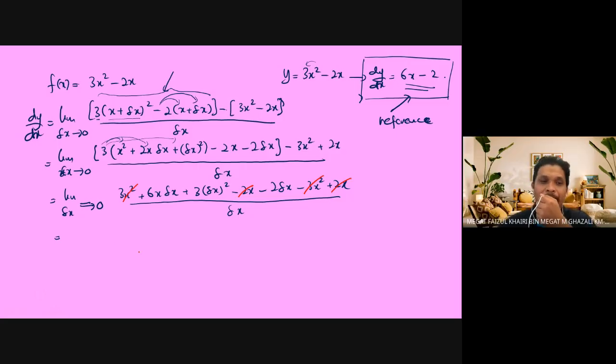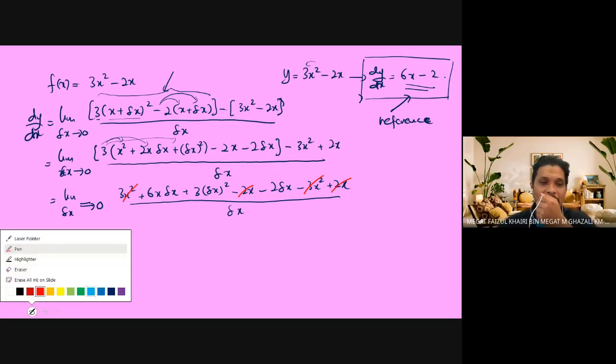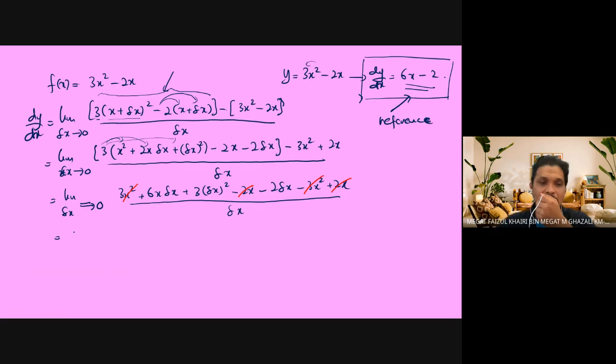Okay. So now if I write again the rest of this, limit of delta x approaching 0, we got 6x delta x plus 3 delta x squared minus 2 delta x divided by delta x. Okay, so look at this, delta x squared, delta x divided by delta x.